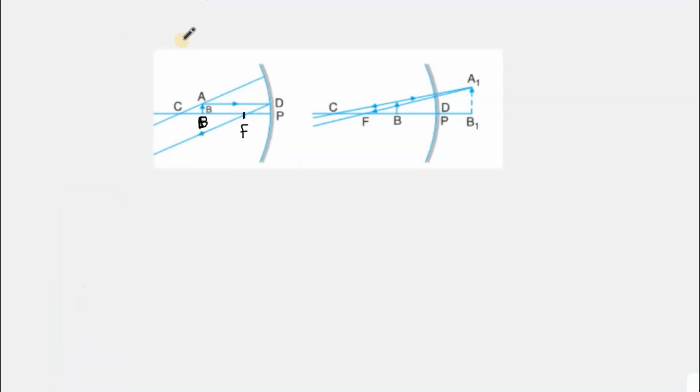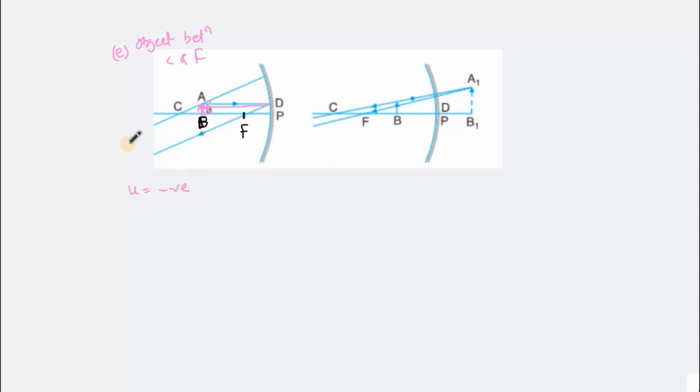Now let's come to the next case. The object is between C and F. So in this case you see here is our object AB, and the object distance is measured going towards the left from the pole, so object distance here would be negative.